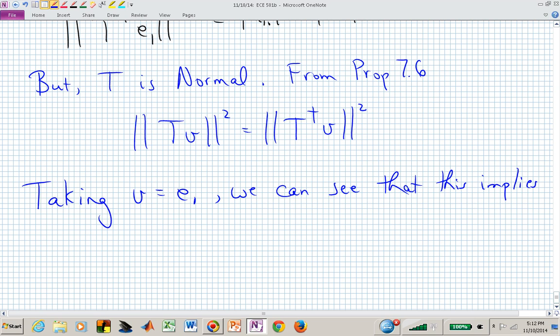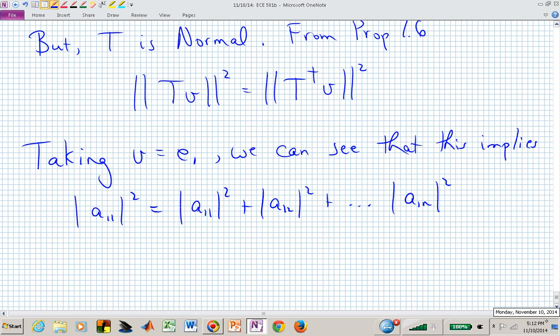This implies then that A11 squared is equal to A11 squared plus A12 squared plus A1n squared. If the left-hand side is equal to the right-hand side, I can see two entries that are the same, and the others shouldn't be there.